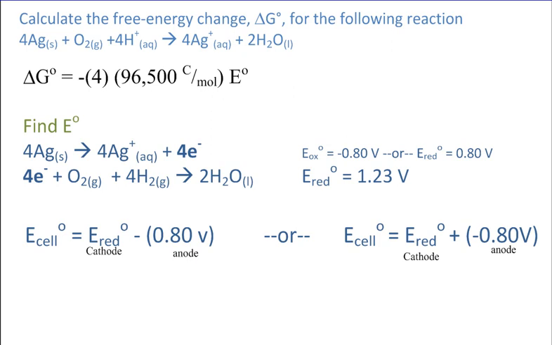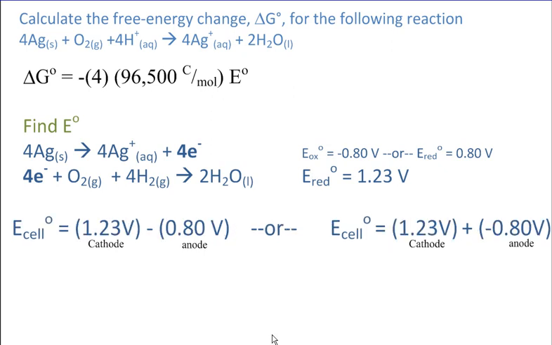And yes, there was some more editing magic there in case you missed it, but maybe you didn't. And then I'm going to plug in the cell potential of the cathode. And you see that I have the exact same operation in progress. 1.23 minus 0.8. And I get 0.43 volts. So that's the cell potential for this reaction.